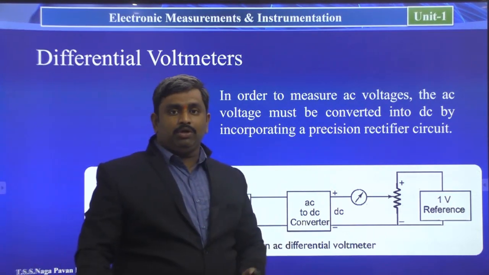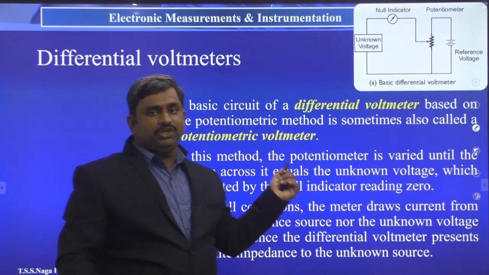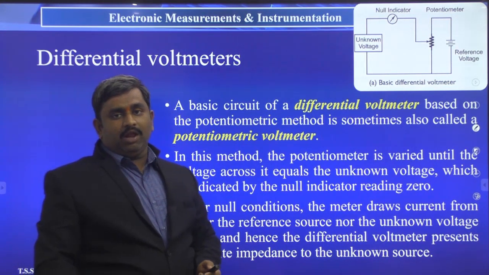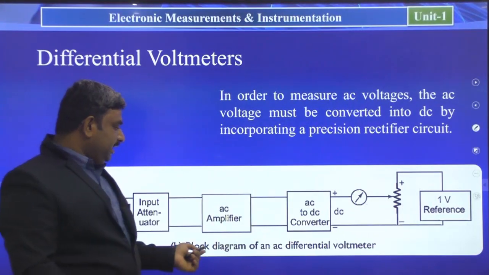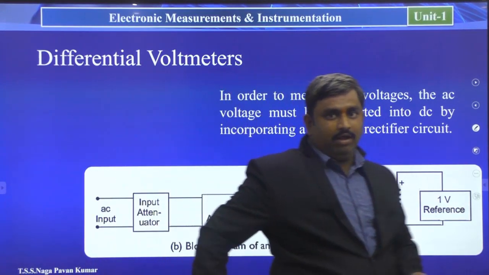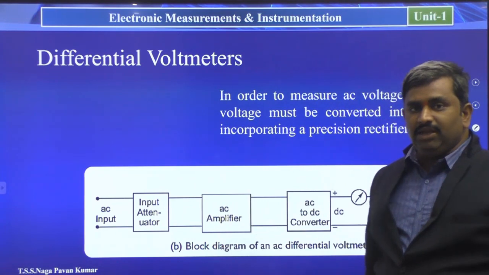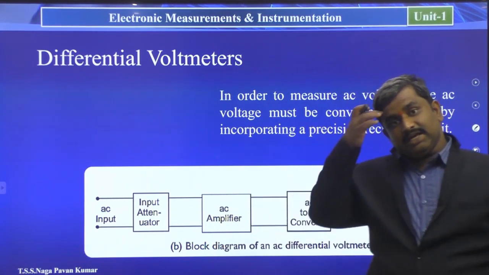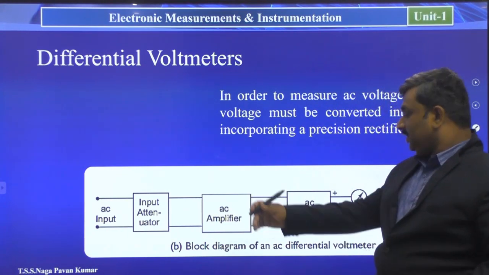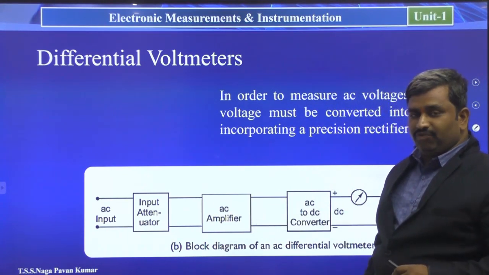So this is the DC differential voltmeter. Now if you need an AC differential voltmeter, it consists of an AC to DC converter, a rectifier network.